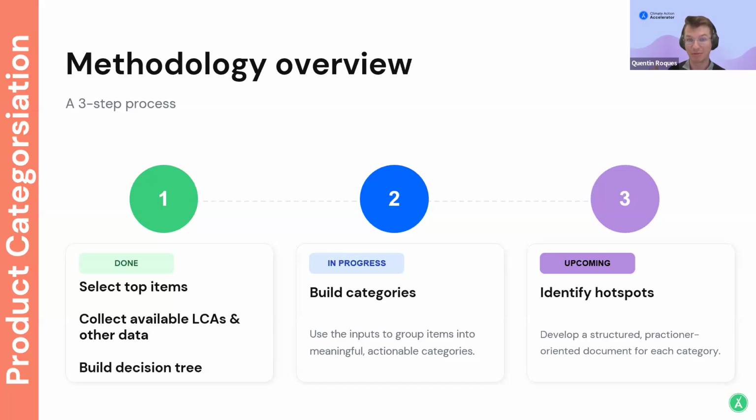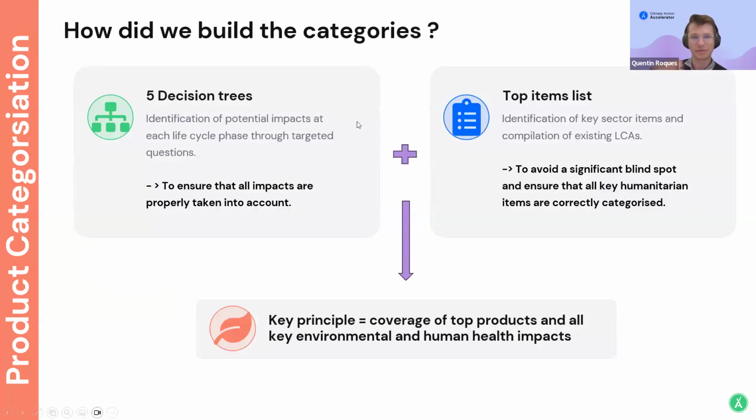And then once we have all the categories identified, we will, for each one of them, identify the hotspots, the solutions, and the supplier questions to create this practitioner-oriented document that Sarah just presented. What we have done in the first phase, so it's in two steps. The first one, on the top items, we really wanted to have the maximum coverage of the key humanitarian products that we can have.